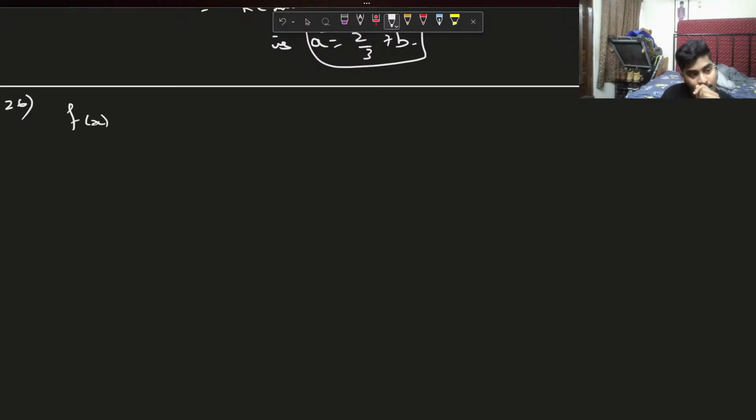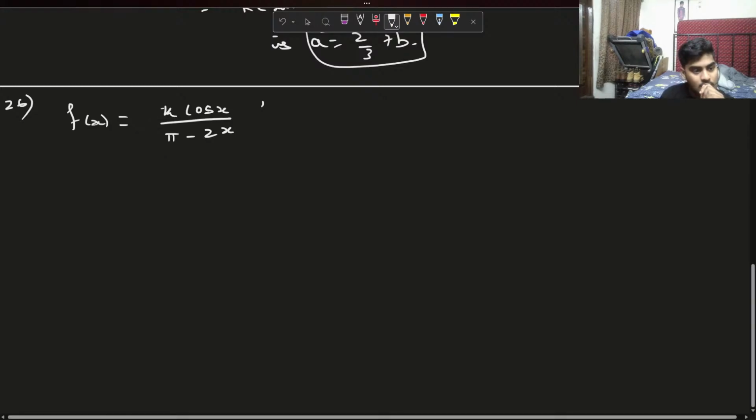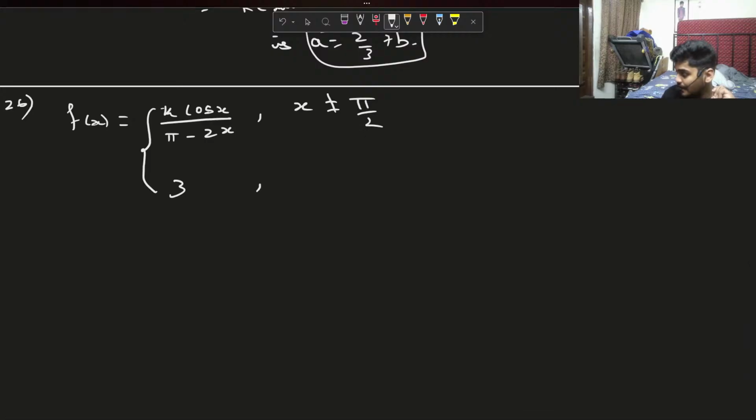What they have given is f of x equals k cos x by pi minus 2x, where x is not equal to pi by 2, and 3 where x is equal to pi by 2. This is kind of a good question at x equal to pi by 2.